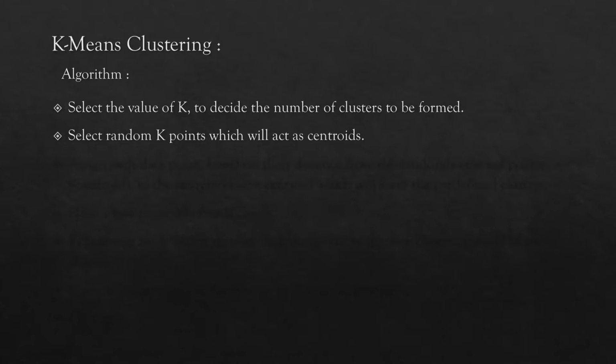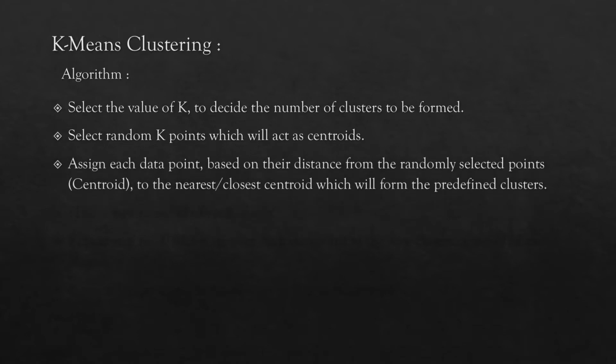These centroid count is the same as the number of clusters which we have to form. Next step is that we perform the distance formula on the randomly selected points and assign each data point to the nearest centroid which will form the predefined clusters.